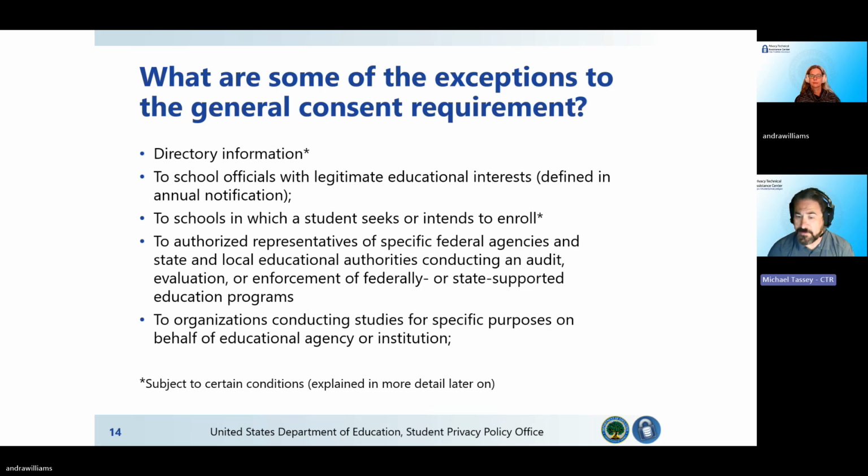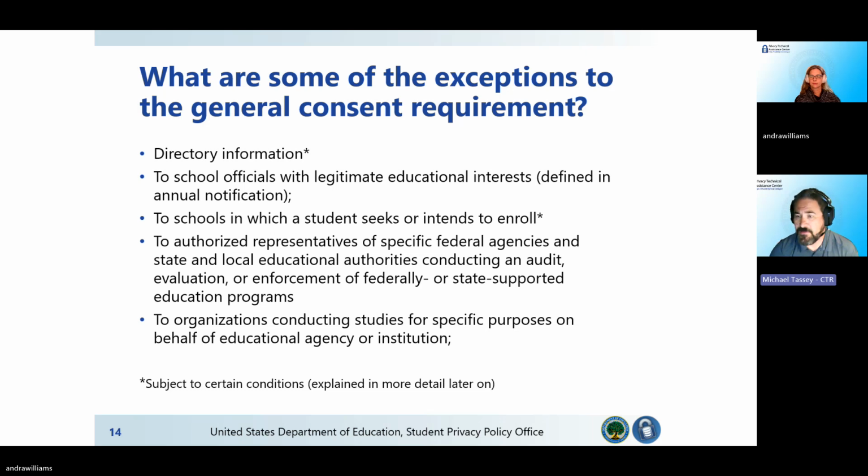And of course, these are subject to certain considerations around directory information. There are no recordation requirements associated with some of these. With others that we're going to talk about in just a second, there is a recordation requirement. So if you do happen to have to release information using these exceptions, there is a requirement to annotate that in the record.